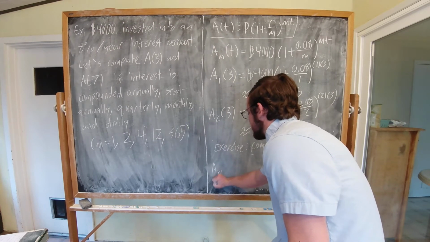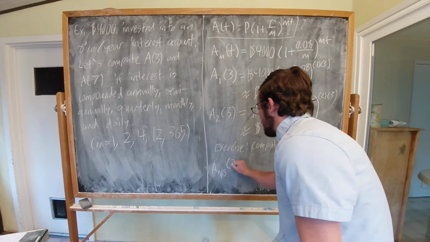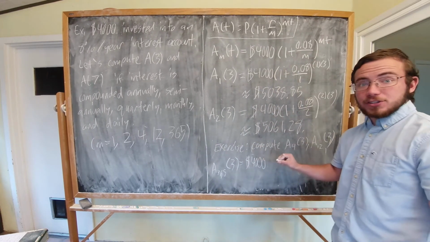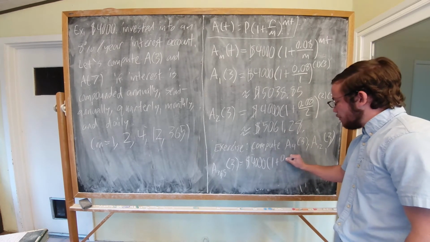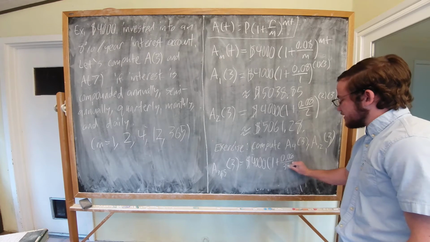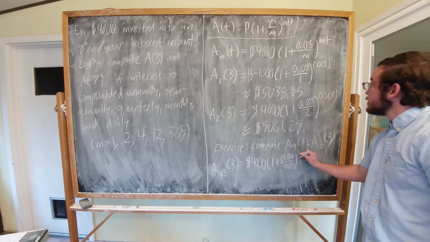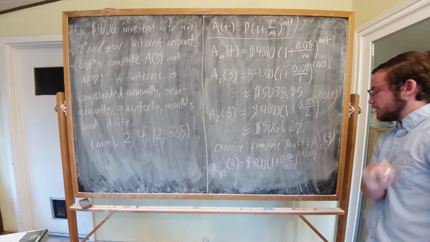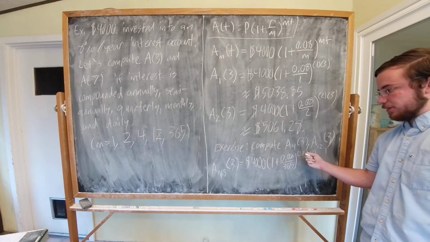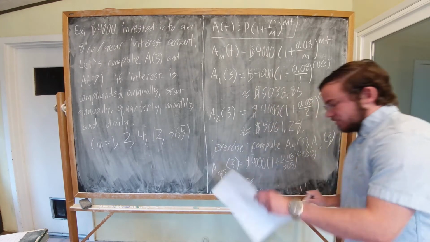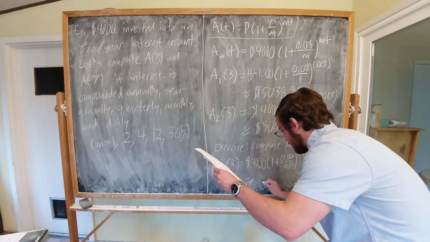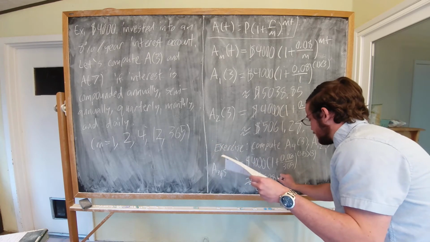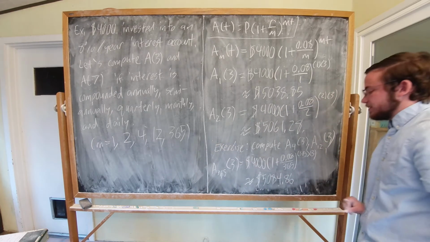A sub 365 of 3 would be, according to the same formula, $4,000 times (1 plus 0.08 divided by 365) to the 365 times 3 power. So a very large power. Plug that into your calculator and you'd get roughly $5,084.86.